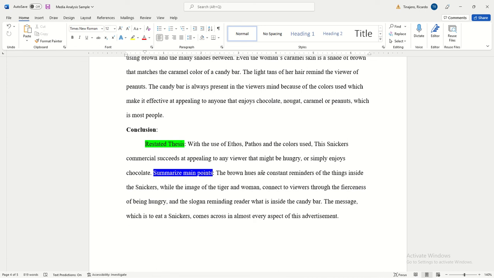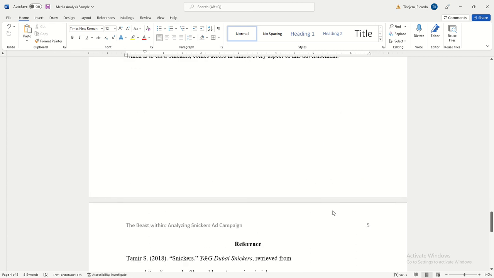And my answer to this is yes, because most people can relate to this idea of being so hungry you get angry, as well as most people tend to like chocolate, peanuts, caramel, or nougat in some way, shape, or form. And so it appeals to you literally by making you a little bit hungry, and also by claiming that it can satisfy that anger and hungry feeling that most of us are familiar with, right? And so that's pretty much where it goes.